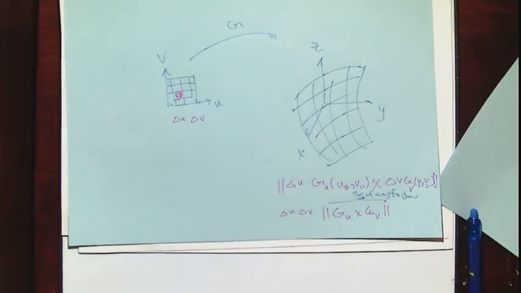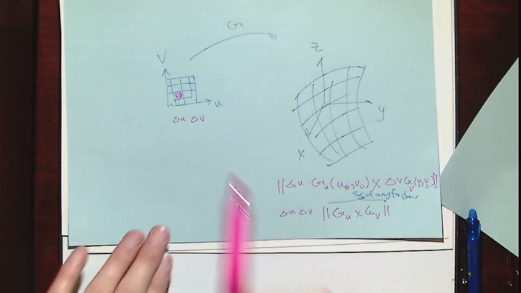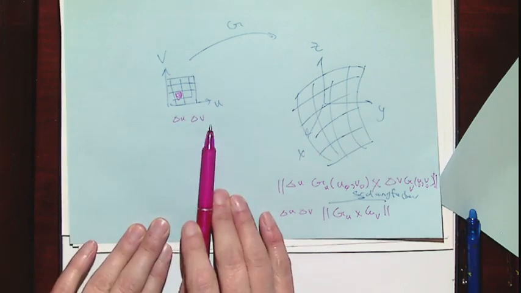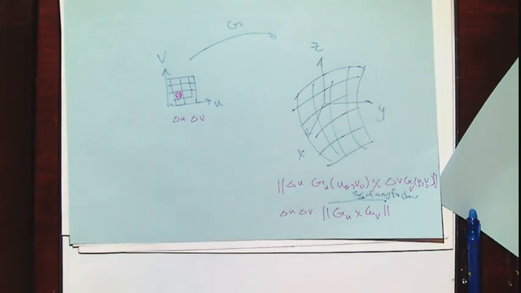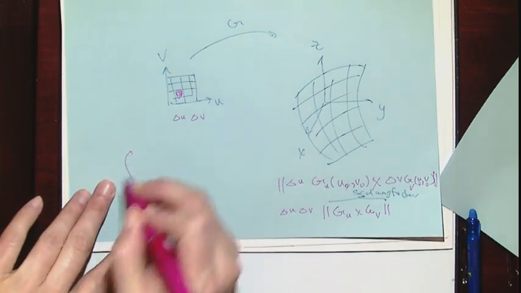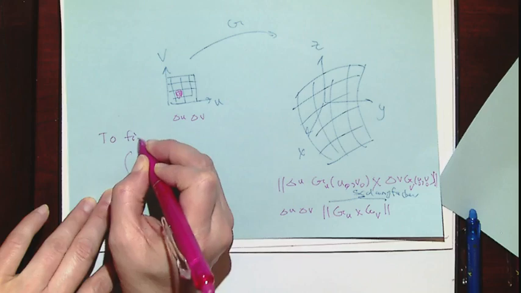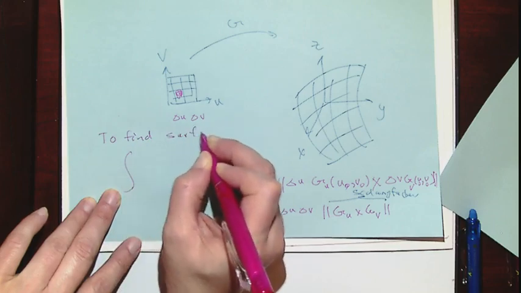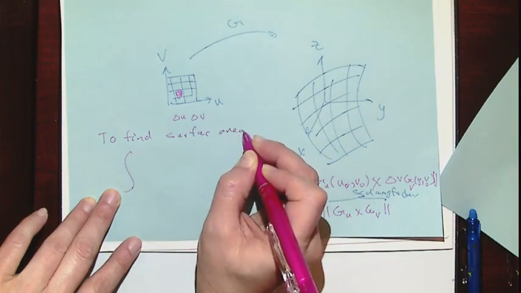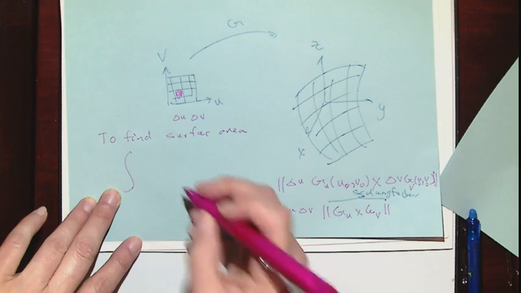So if I integrate on U and V, I still need to have that scaling factor work out. Agreed? So when I integrate to find surface area, I integrate over dU and dV.